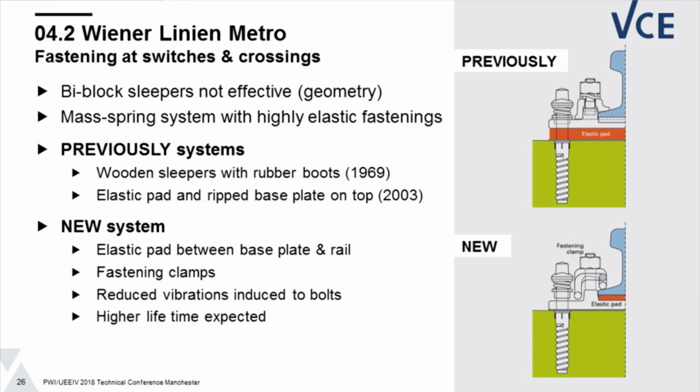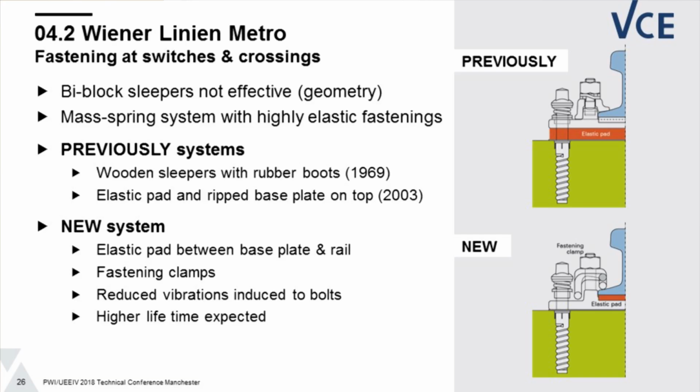And also here, we had difficulties because we have increased maintenance effort in such sections because we saw that the bolt started to loosen due to the vibrations. And this, of course, was not a very fancy solution. Now the new solution includes the elastic element underneath the rail, and we have the elastic bed basically here.